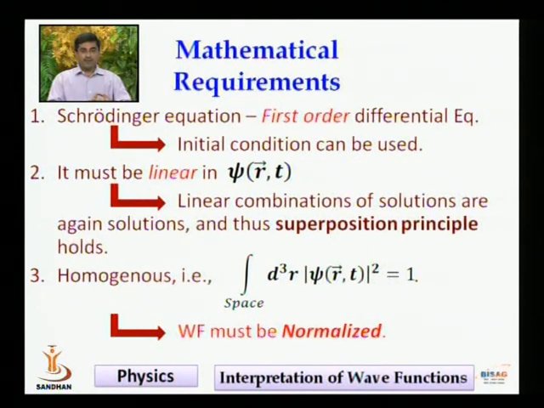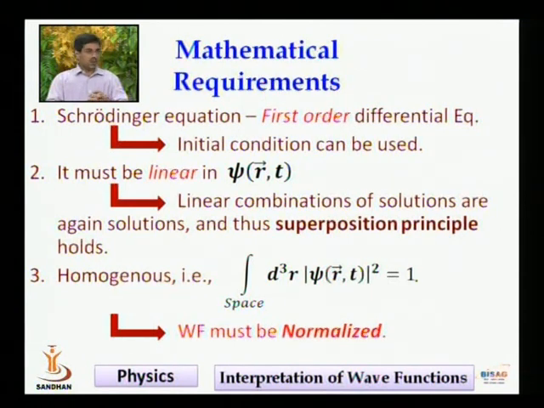So being a first order differential equation, the time evolution of the wave function can also be calculated. This is the mathematical advantage, or you can say mathematical requirement, that we keep the wave function to the first order, so that solving a first order linear equation gives us the idea about the later time also.